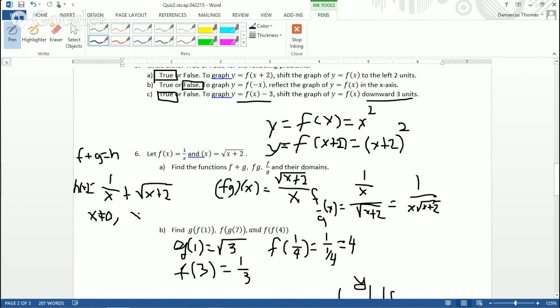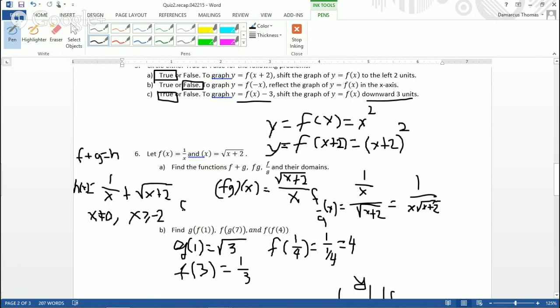So now if we combine these together, the intersection of the two sets, all real numbers not equal to 0 and all x's greater than or equal to -2, I can now say it would really be the set of both of these put together.